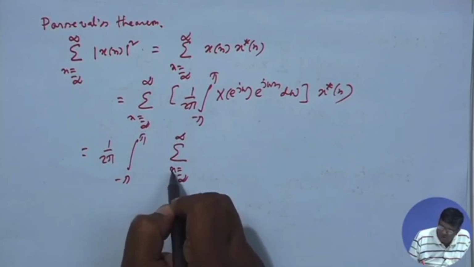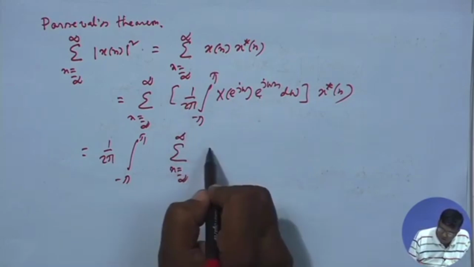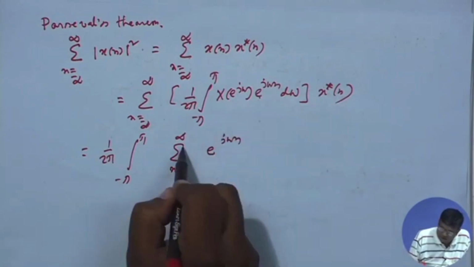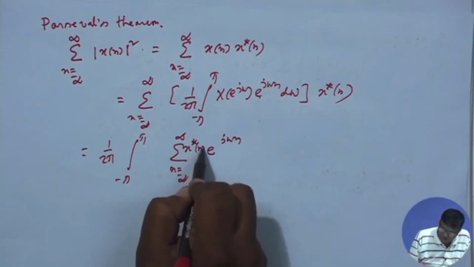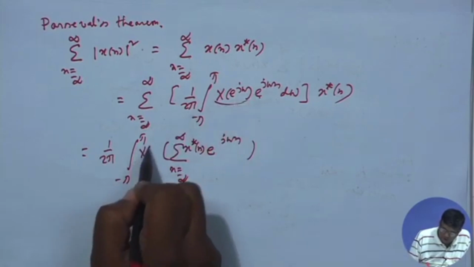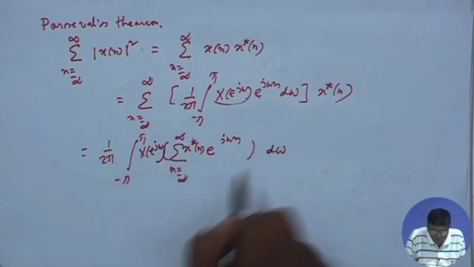Anybody which has a value which is dependent on n will be inside. So, e to the power j omega n will be inside, x star n will be inside. This guy does not depend on n, so it will be common outside, and d omega.